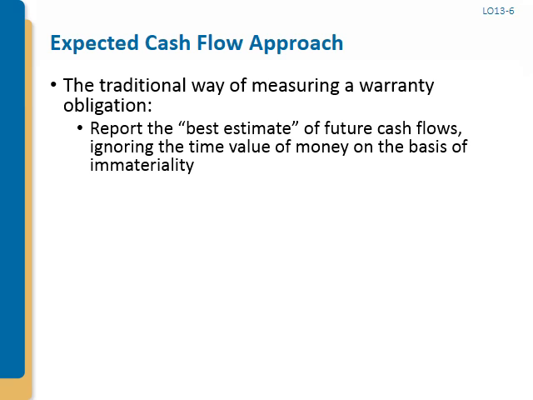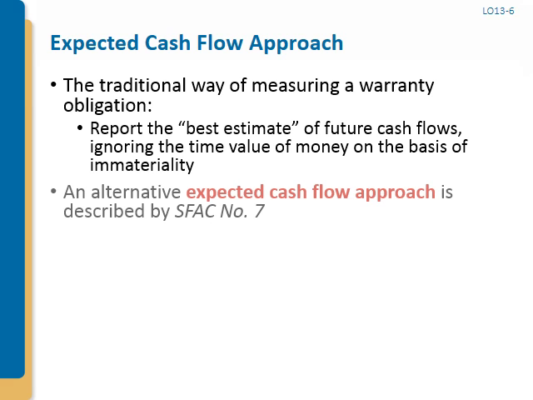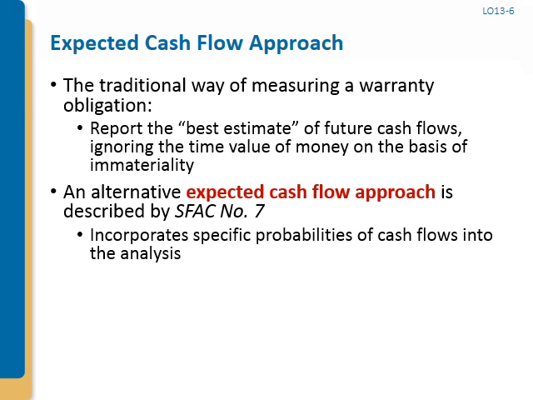The traditional way of measuring a warranty obligation is to report the best estimate of future cash flows, ignoring the time value of money on the basis of immateriality. However, when a warranty obligation spans more than 1 year, we can associate probabilities with possible cash flow outcomes, an approach described by Statement of Financial Accounting Concepts number 7.